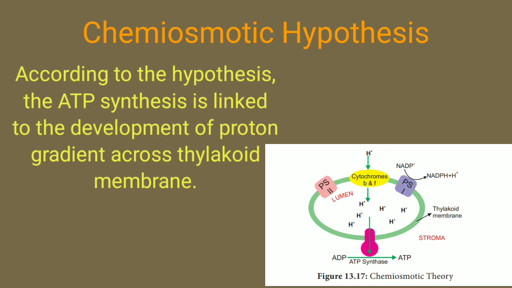This chemiosmotic hypothesis is just the development of the proton gradient inside the thylakoid, which makes the concentration of H plus ions inside the thylakoid higher, leading to lowering of the pH. Outside the grana, towards the stroma, the pH increases because there is less hydrogen compared to the inner part of the thylakoid.